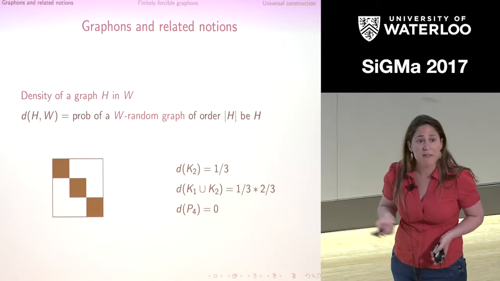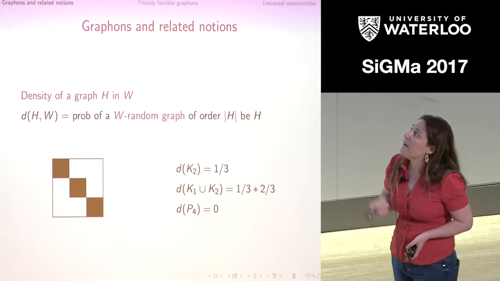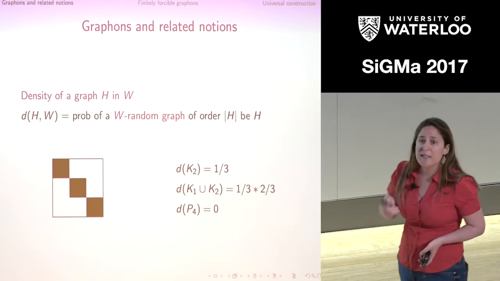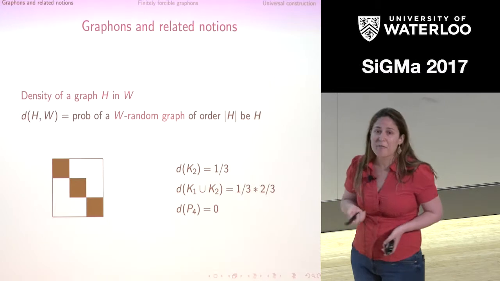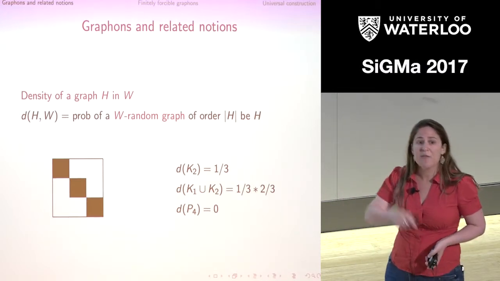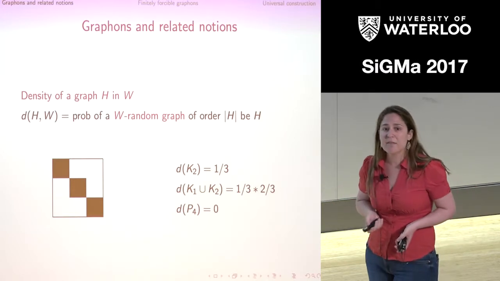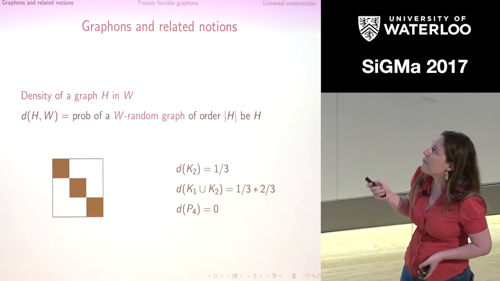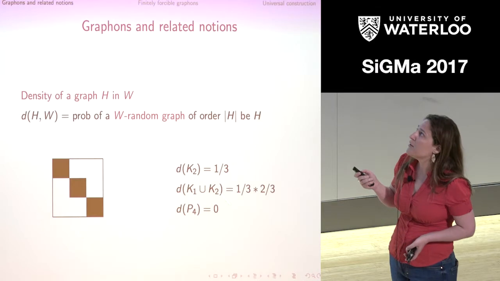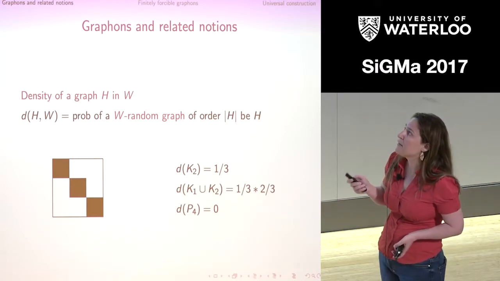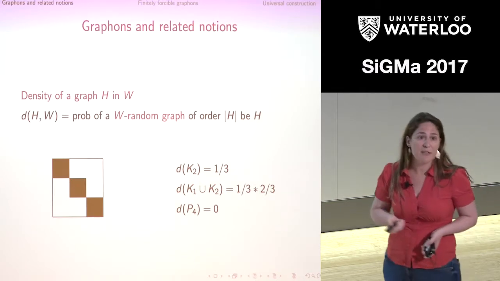And if you want, for example, to see an edge with an isolated vertex, you just need the isolated vertex to be in a different clique than the edge. So the same 1/3 for the 2 vertices, and 2/3 because you have 2 other cliques to choose for the isolated vertex.